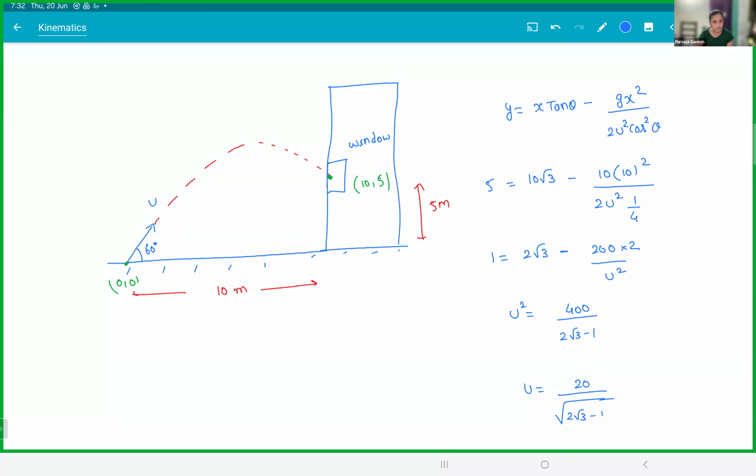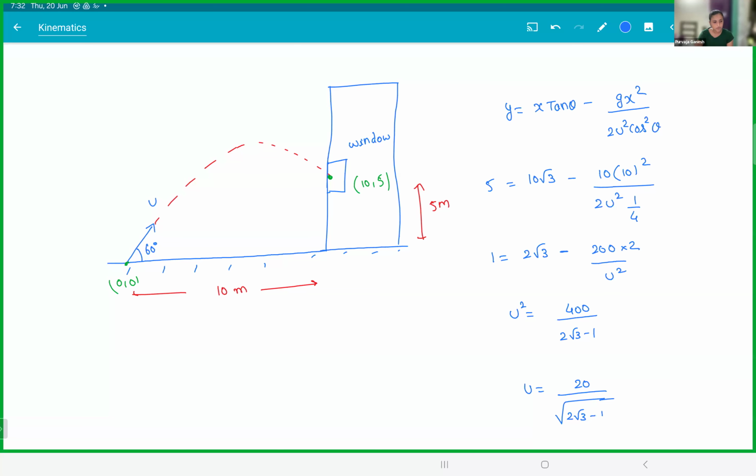Now, if you want to solve this with projectile motion, this is how you solve. This is your ux, this is your uy, this is u cos theta, this is u sin theta. So Vx is equal to u cos theta. We know Vy square minus Uy square is 2Ay Sy.